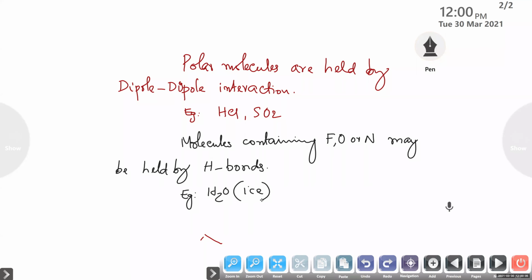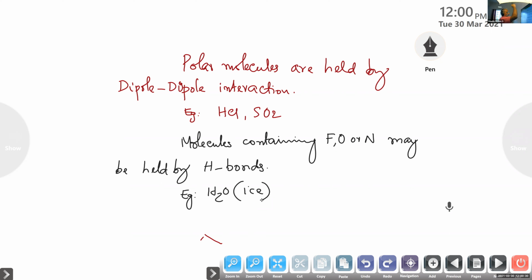So that's about the molecular crystals. Composed of molecules, very weak attraction between the molecules. So they are smooth, with low melting point and boiling point. They are non-conductors of electricity.